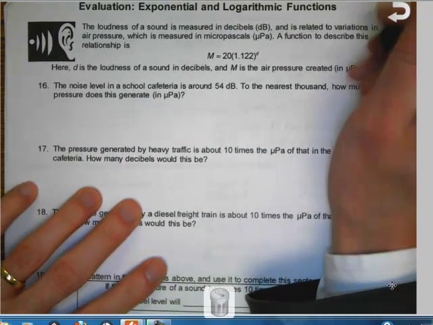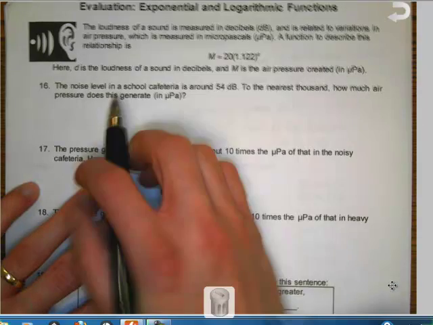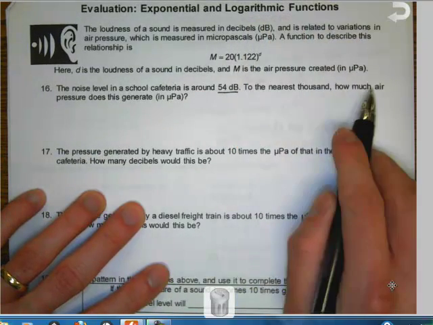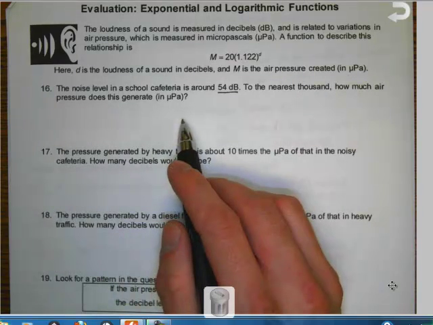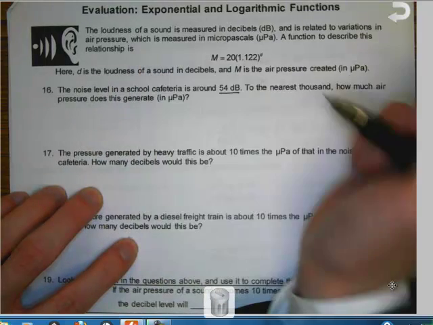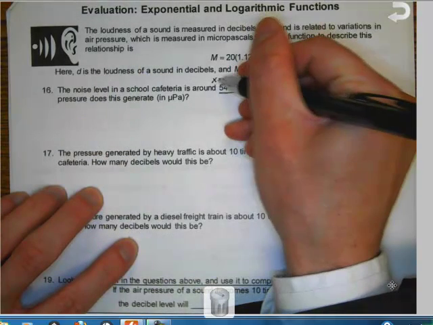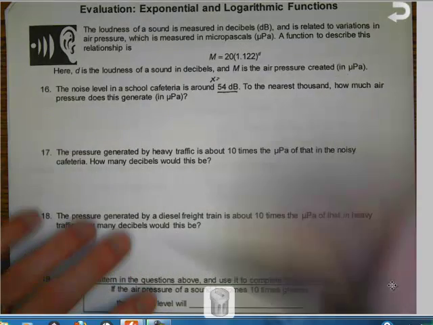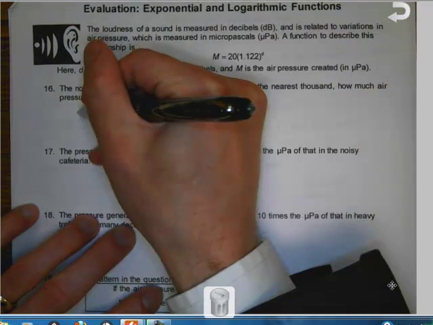So, at a noise level of 54 decibels, how much air pressure does this generate in micropascals? So in this case, you are evaluating the function where x is equal to 54. So, you're being asked to find y where x is equal to 54.